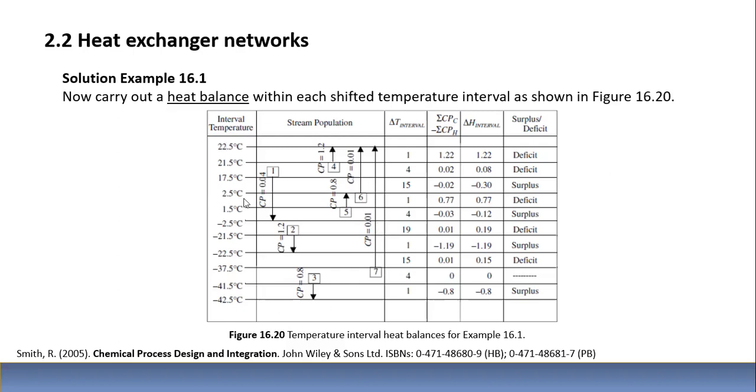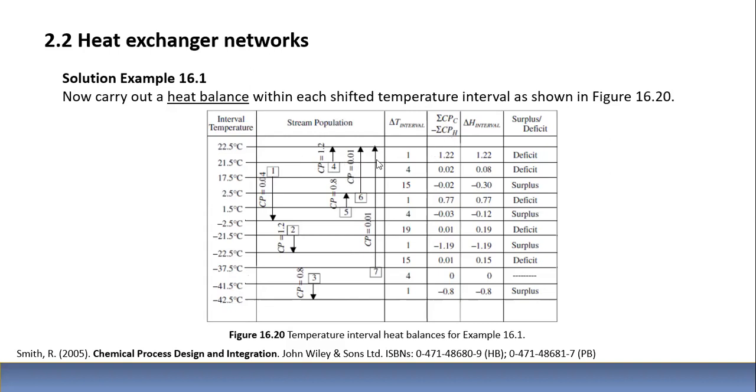Within the shifted temperature interval, we then calculate the delta T for every interval. In this case it is 1 degree, in this case 4 degrees, in this case 15 degrees, and so forth. Just the temperature difference within each interval. Then the summation of cold CPs minus hot CPs.